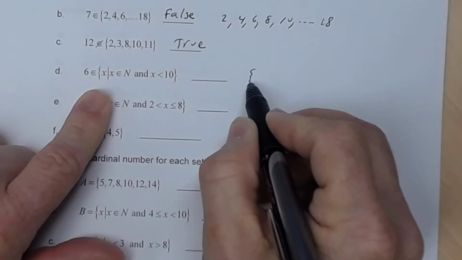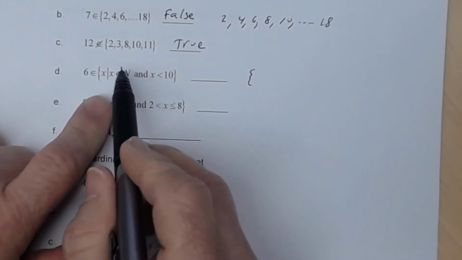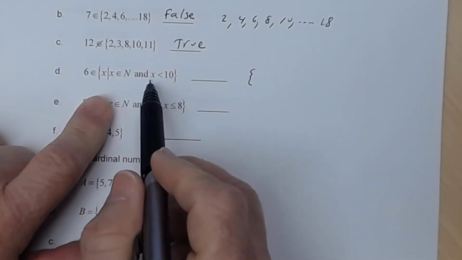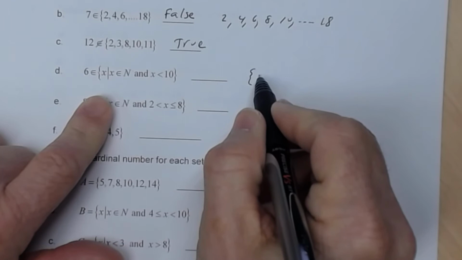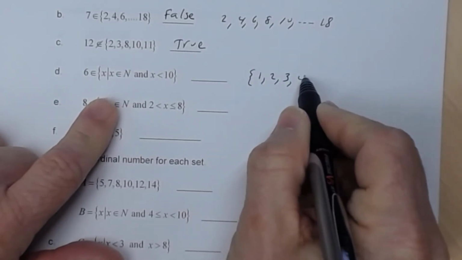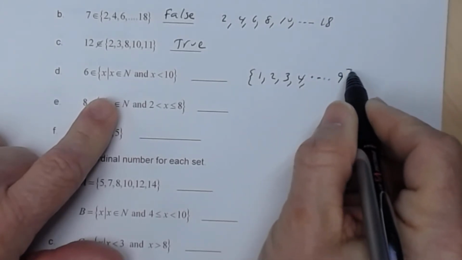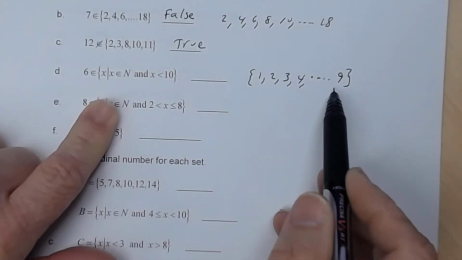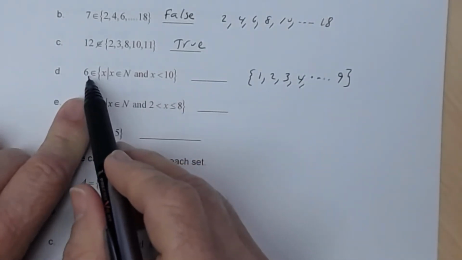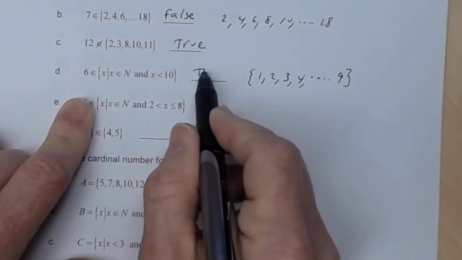So we have this set that is made up of natural numbers less than 10. That's what this says, less than 10. So we have 1, 2, 3, 4, and so on, up to 9. Not 10, because there's no equal sign here. So the question is, is 6 an element in here? And the answer is yes. So that's a true statement.